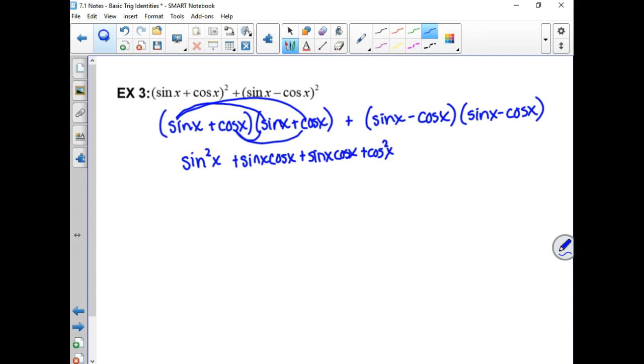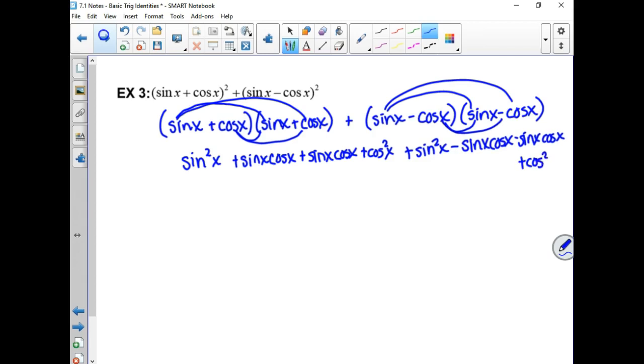And then we also have to FOIL here, so we'd have plus sine squared x minus sine x cosine x minus sine x cosine x, plus cosine squared x.